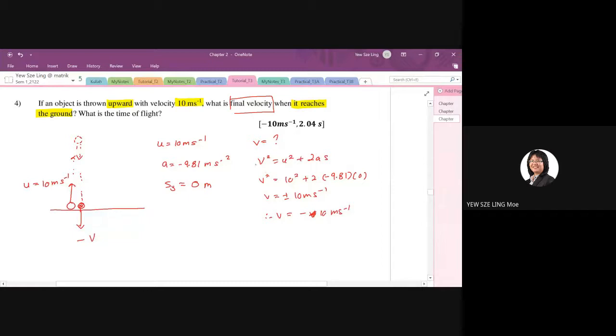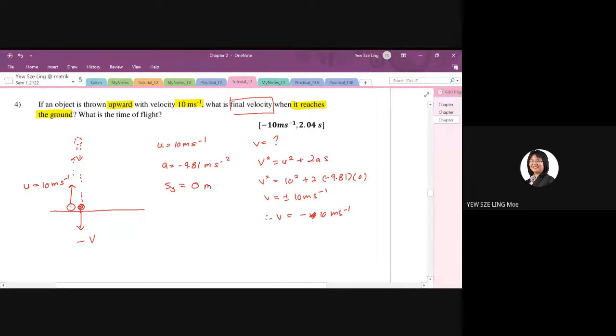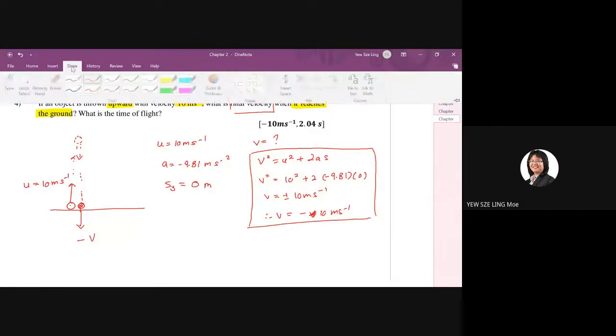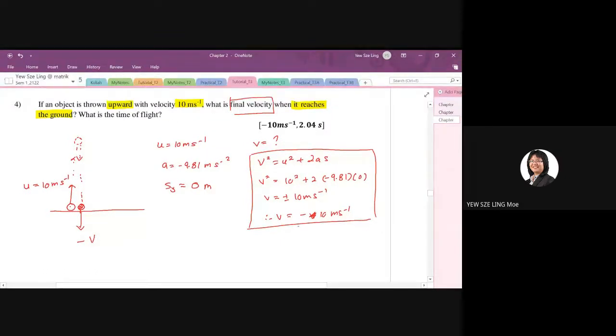So this is if the question asks you to show why it is negative, or if you don't know what the relationship is between the initial and the final position, then you can show it by using a calculation. Okay, there is nothing wrong with that. But for those of you who understand the concept, what can you say?